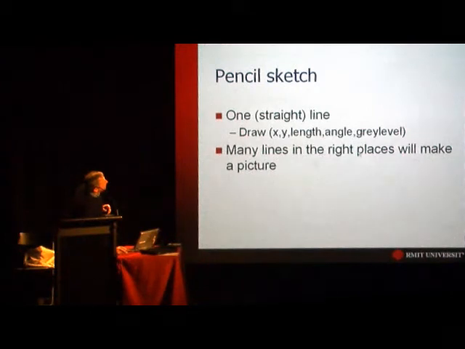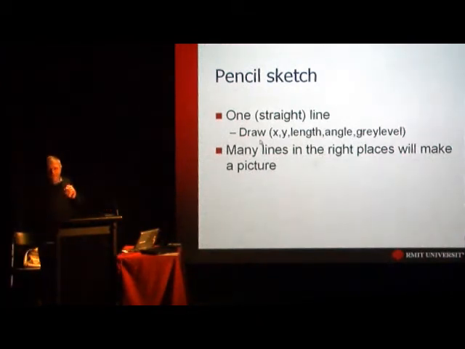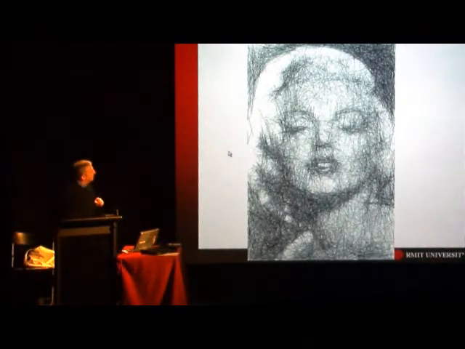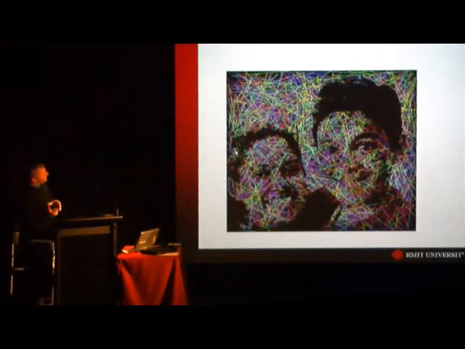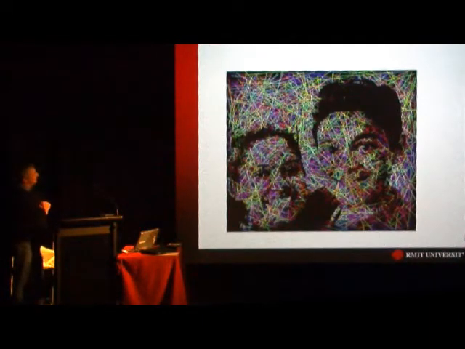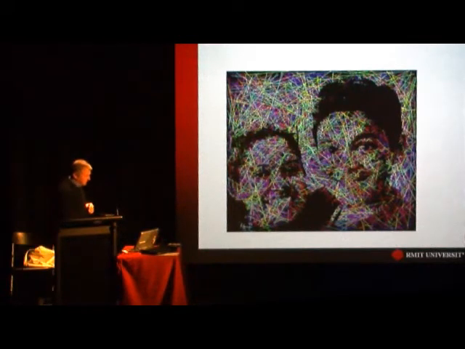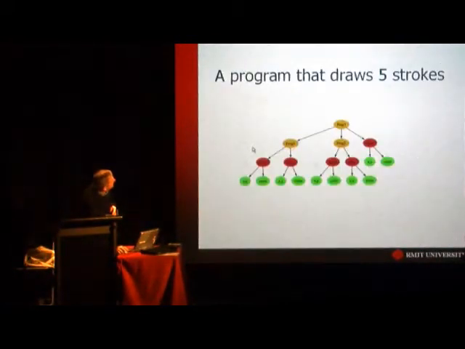So if we can put lots of lines in all the right places, that's going to make a picture. So here's an example of a picture with lines, enough lines in the right places to make an image. And here's a picture that's using coloured pencils, that's put enough lines in the right places to make an interesting looking image.